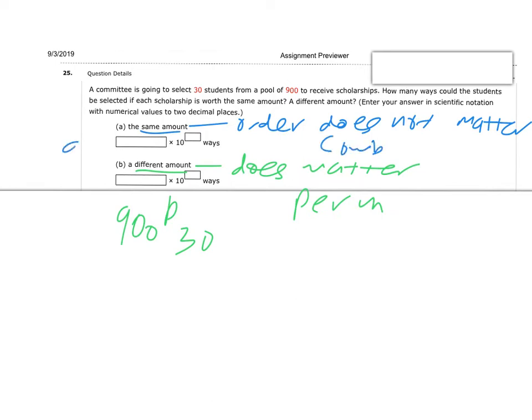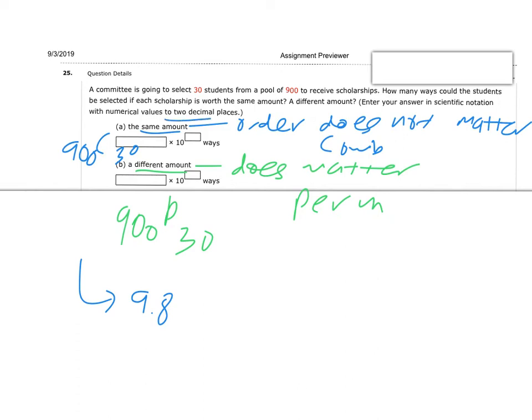It will be 900C30. Oh, quick note on this. It looks like they want us to write it in scientific notation. So I will go ahead and demonstrate that. Even when I type this on my calculator, it says 9.8. Let's see, it says go 2 decimal places.